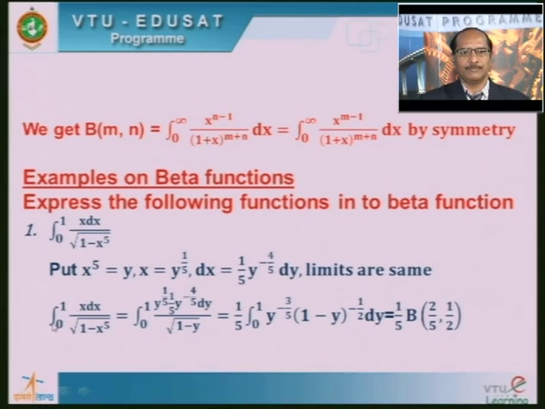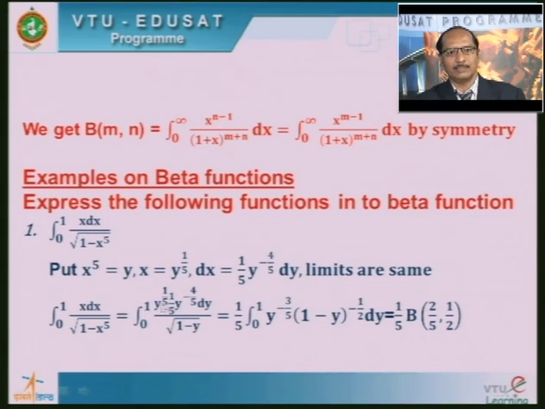So, the given integral from 0 to 1 x dx divided by root of 1 minus x raised to 5 is simplified to integral 0 to 1. The x value is replaced here, x value is y to the power 1 by 5. And what about dx? dx is replaced by 1 upon 5 y to the power minus 4 upon 5 dy, and in the denominator square root is there, 1 minus x to the power 5, that is 1 minus y.